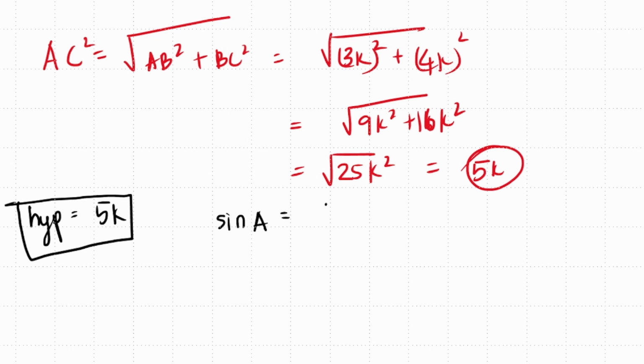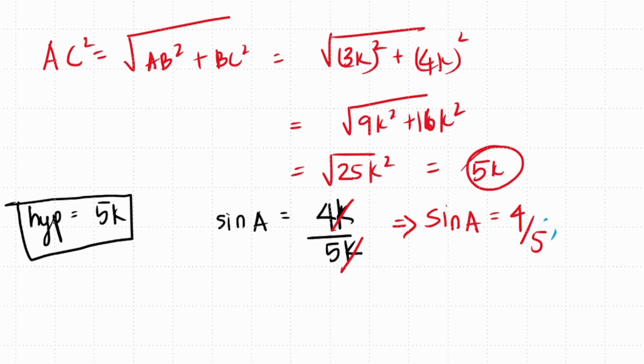So it's 4K by the hypotenuse, 5K. You cancel out the K over here, and this implies sin A equals 4 by 5, which also implies, remember, the reciprocal of sine, that is cosec A, which is 5 by 4.